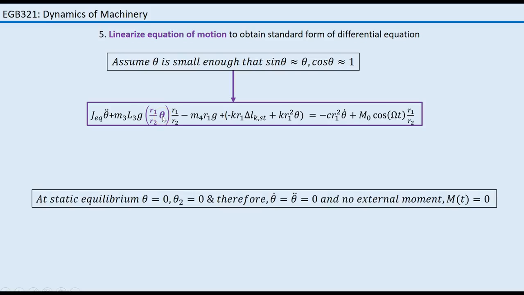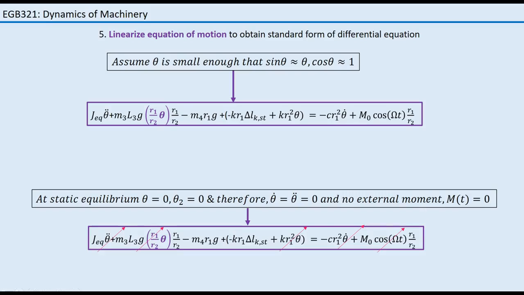Now the second step is to consider the static equilibrium position, where we know theta is 0, so angular deflection, angular velocity as well as angular acceleration will be 0, and as the question asked us to consider no external moment initially, Mt will also be 0.